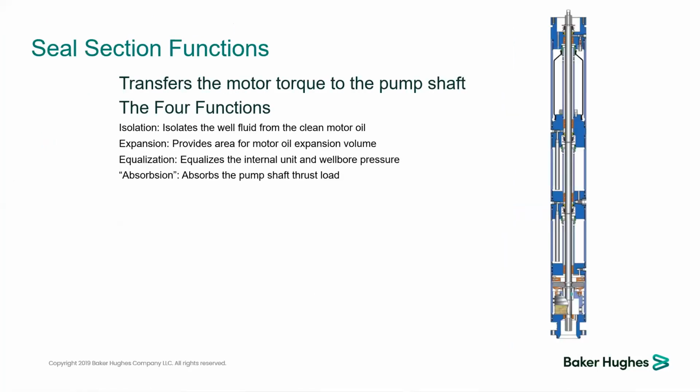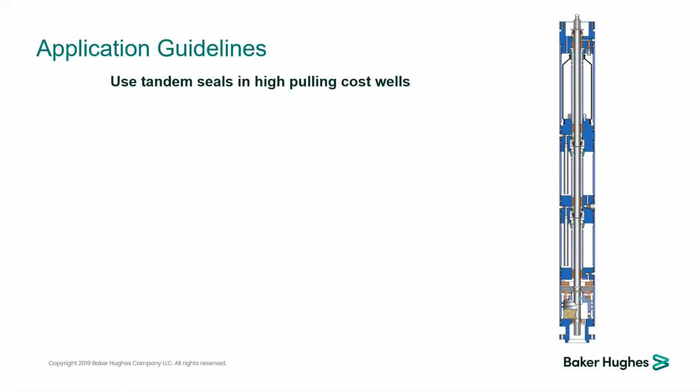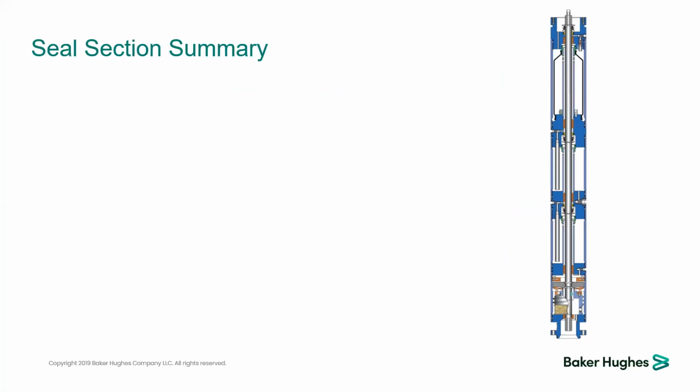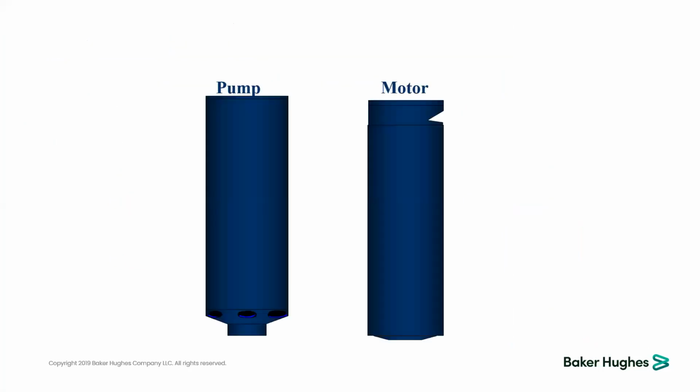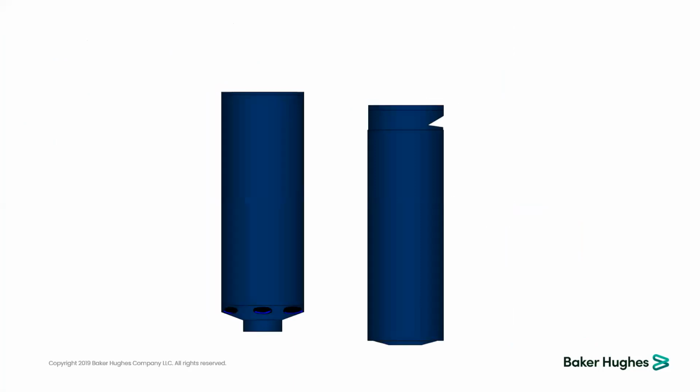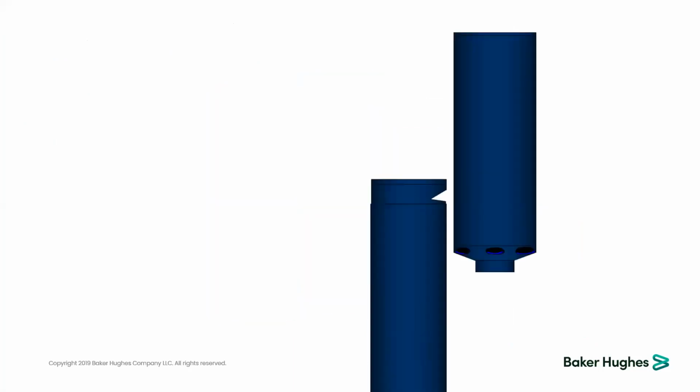Okay, the first one is isolation. If we go to the motor, this is the motor section and the pump section. Imagine if we had to connect both of those sections together.